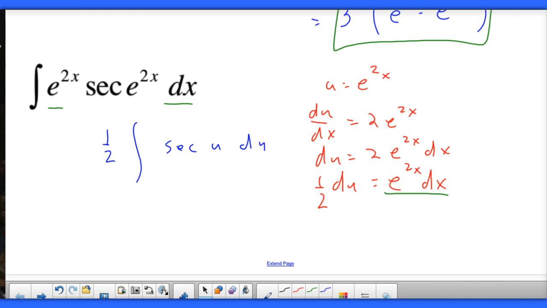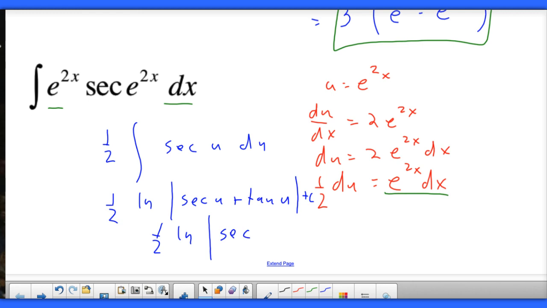All right, Kelly, what's the antiderivative of the secant of u? That's right, 1/2 the natural log of the secant of u plus the tangent of u, plus c. And let's back substitute. That will be the secant of e to the 2x plus tangent of e to the 2x plus c.